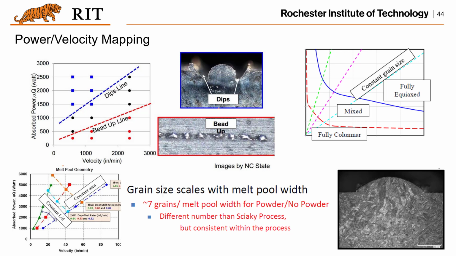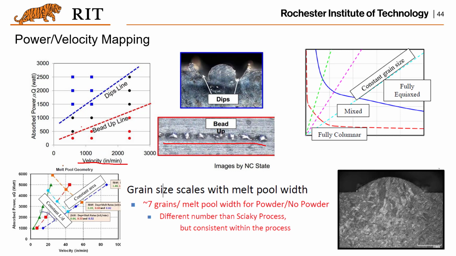So another thing is you want to tweak those parameters such as the power and the velocity, and figure out the optimal condition to use during the printing process. For example, if you tend to have a high velocity but a lower power, then you will have these beads patterns generated.